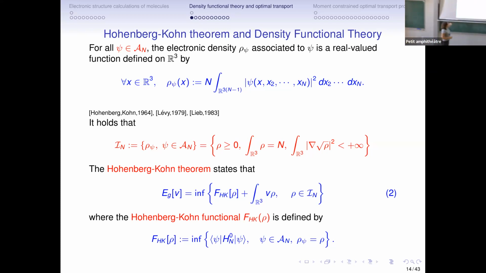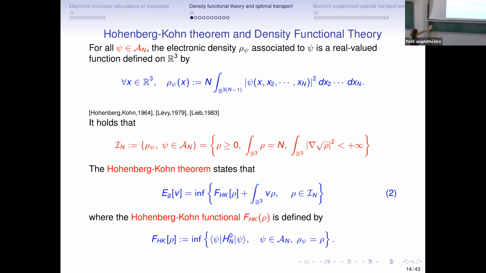So this ground state energy, you can express it as a minimization problem upon a set of electronic densities instead of electronic wave functions, as was originally the case in the many-body Schrödinger problem. More precisely, you can recast it as the minimum of some functional, which reads like this: the quantity FHK of rho, I'm going to detail later, plus the integral of the external potential V times rho, on the set of admissible electronic densities.